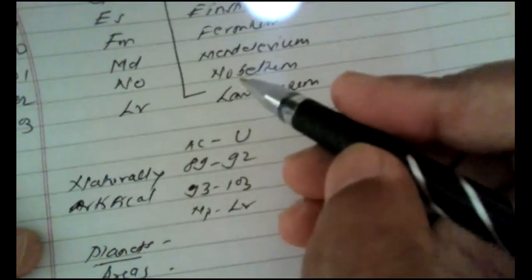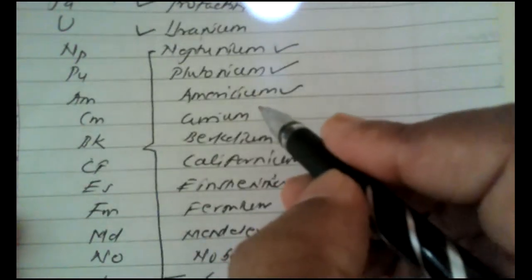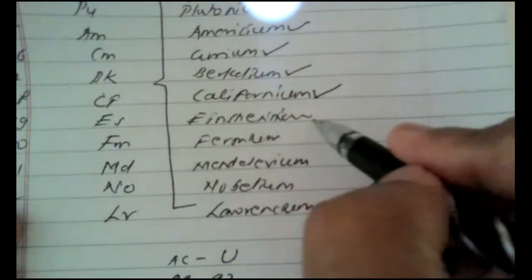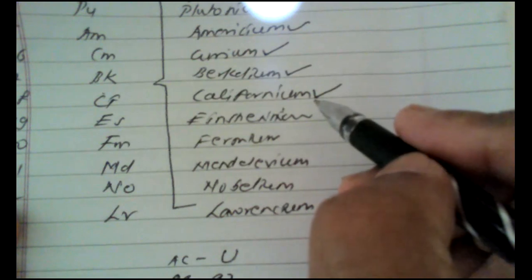Again, the research was in progress. So again, scientists thought of giving certain unique names. They thought of giving the names of Nobel scientists or Nobel laureates who have made major contributions in the chemistry of actinides. In this regard, they took the name of the scientist Curie, as in Curie temperature. From this, the name of the element is curium. Then we know one scientist who gave the equation E is equal to mc square.